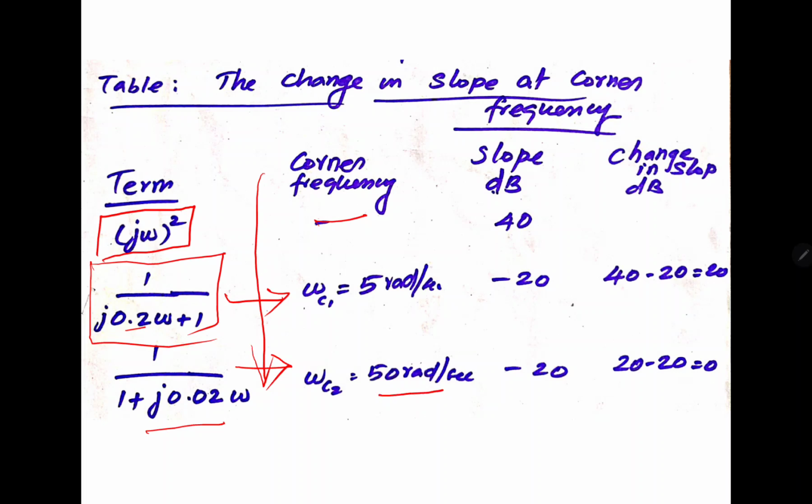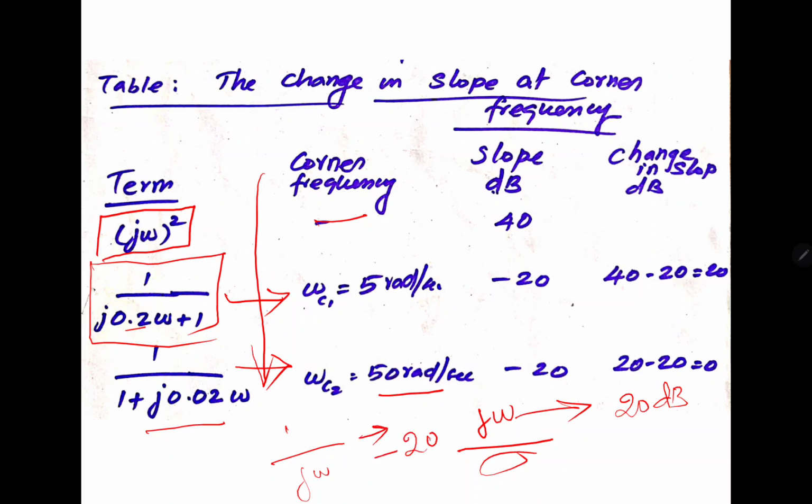Here we first have to write the slope for each and every term. If j omega is in the numerator, we give a slope of 20 dB, and if it is in the denominator, we give a slope of minus 20 dB.